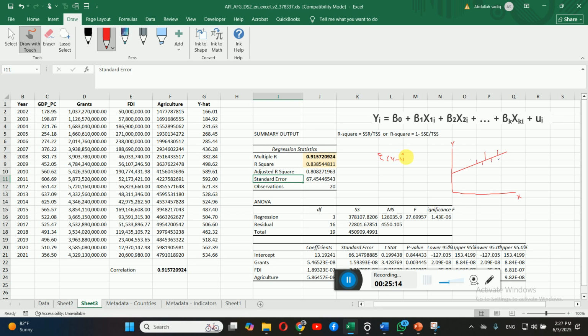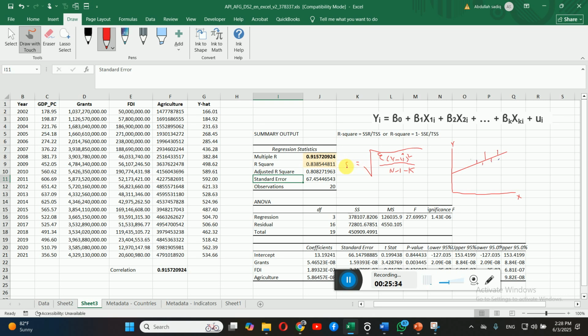Just square it and sum it, and this should be divided by n minus 1 minus k, right? Simply, and just take the square root. Okay, this is giving you the standard error of the estimate.